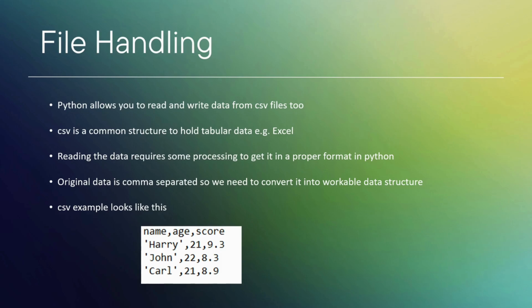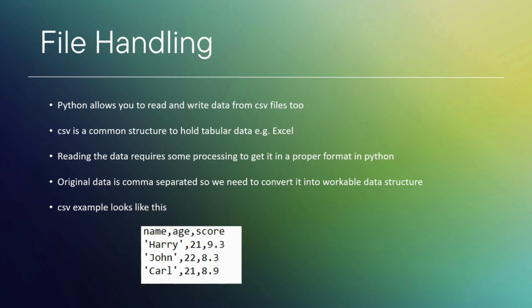Reading the data requires some processing to get it in a proper format in Python, and even some pre-processing to save it in proper formatting as per the CSV. The original data is comma separated, as you can see below. This is what a simple CSV looks like.